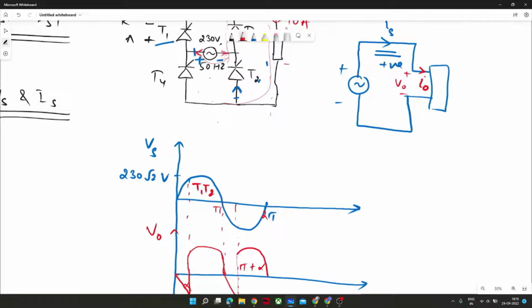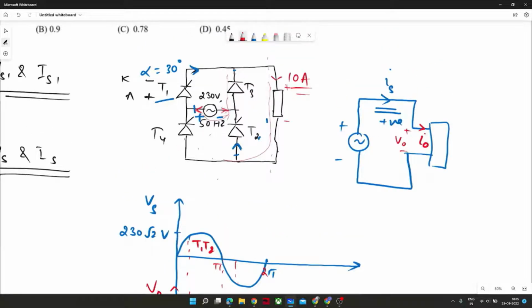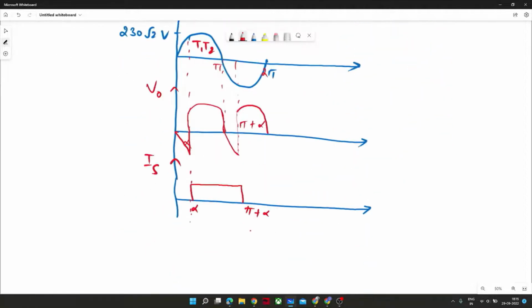After that, when T3 and T4 were conducting, IS is equal to minus I naught. If you identify the current direction here, for T3 and T4 it would be opposite of I naught. So let me draw this from alpha to pi plus alpha, and in a similar manner for the other part as well.